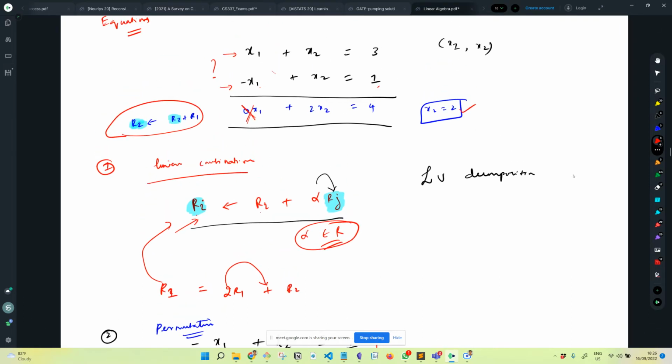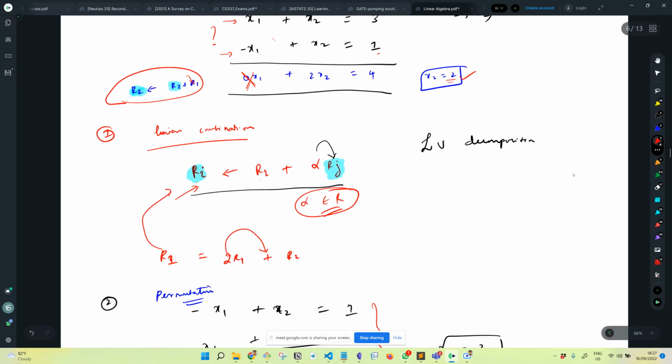Because in obtaining the solution, x2 equals 2 and x1 equal to something, you can add any number of rows with any arbitrary scalar. Of course, alpha can be 0 also. If alpha is 0, basically Ri will be equal to Ri. I hope this linear combination is clear. Is there any doubt with the linear combination operation? Later we will see how to apply this linear combination in a matrix format. Okay, I assume this is clear.